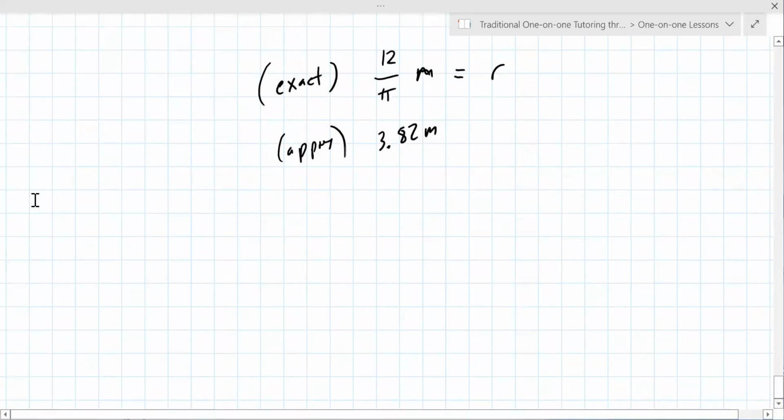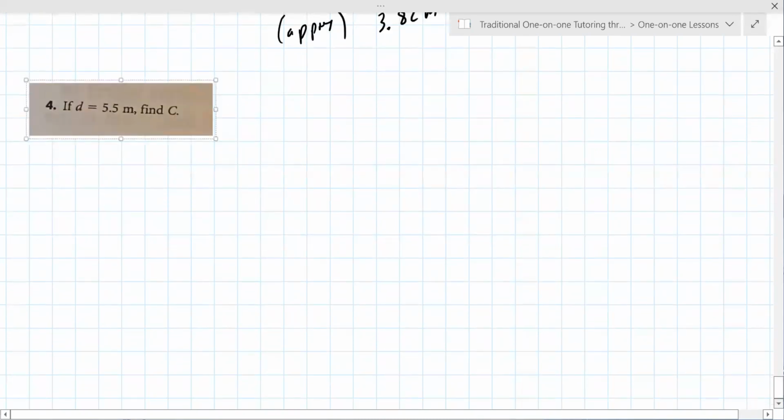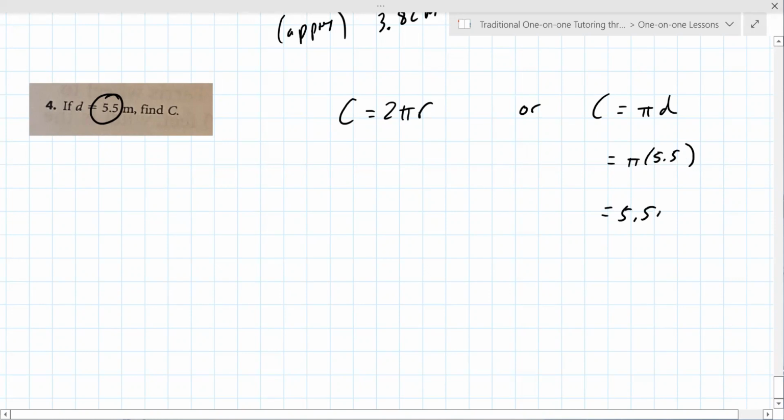So number 4. If the diameter equals 5.5 meters, find C. Now this is where you might want to use the alternative form, which is pi times diameter, because they gave you the diameter. So it's pi times 5.5 or 5.5 pi meters. That's exact.